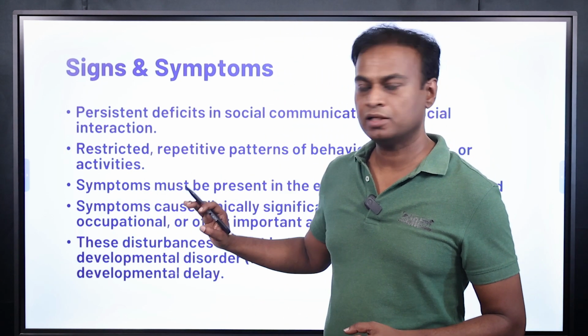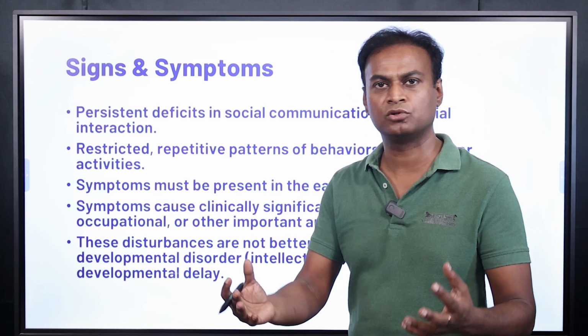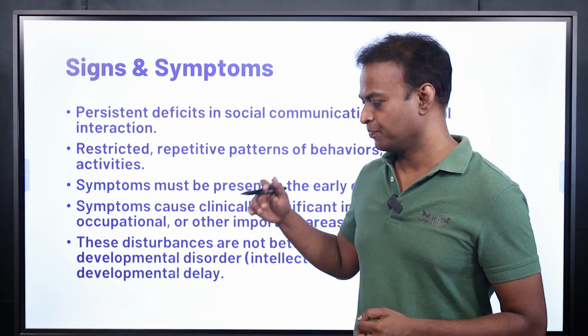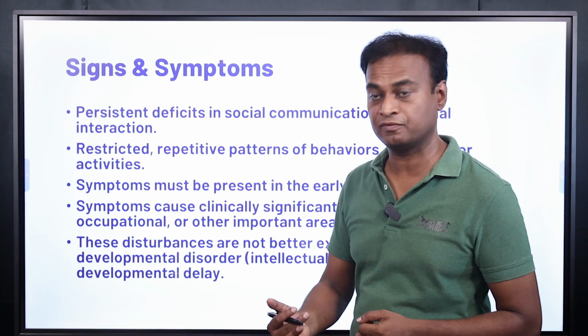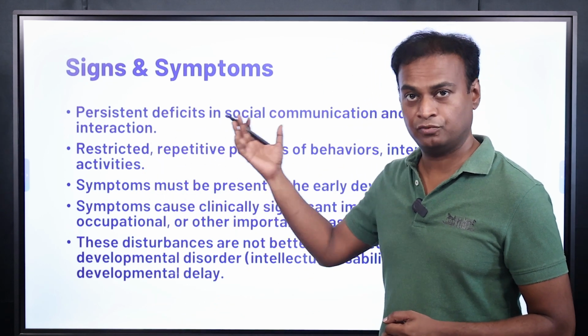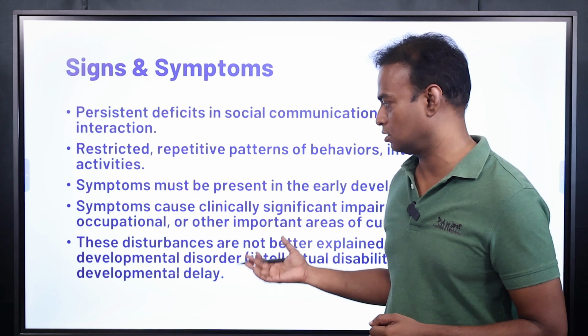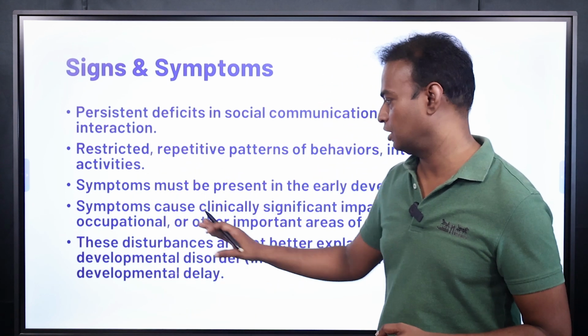They will have severe impairment at the occupational level. They will have constant fights, or they are not able to understand their peers, or they are not able to work and support their family or support themselves. So only then you consider it as autism. If it is considered autism, there has to be significant impairment at the occupational level also.